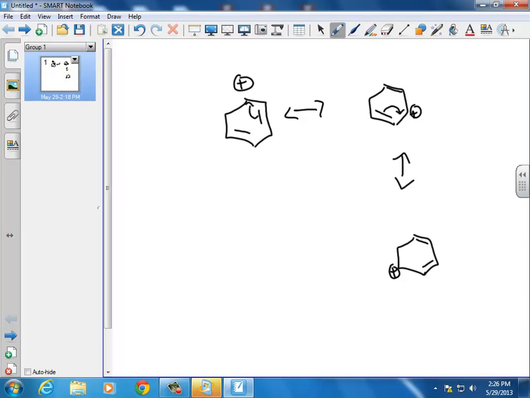Cannot move the double bonds anymore, because remember, the rules for resonance structures, one is you need to make sure you try to have as many atoms as possible with a complete octet, and then you don't want to continue to build up charge. Okay, you want to minimize positive and negative charge as much as you can.